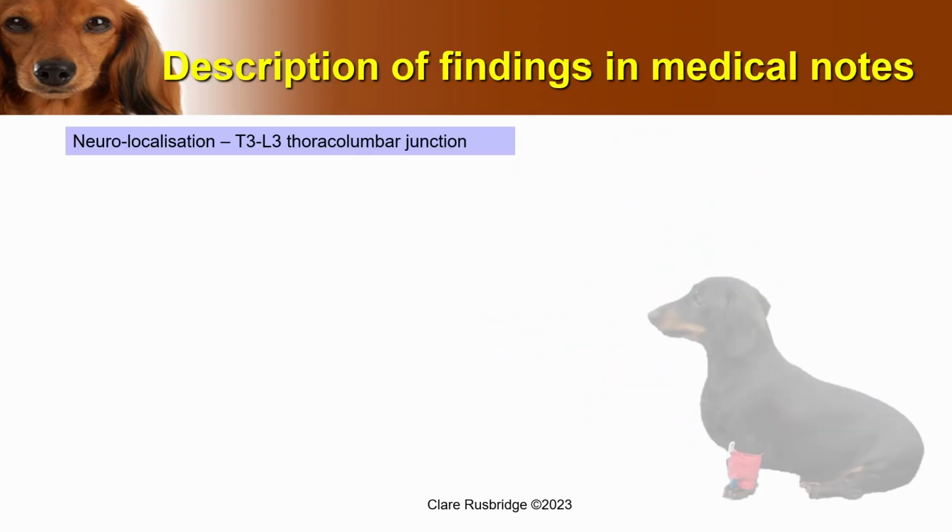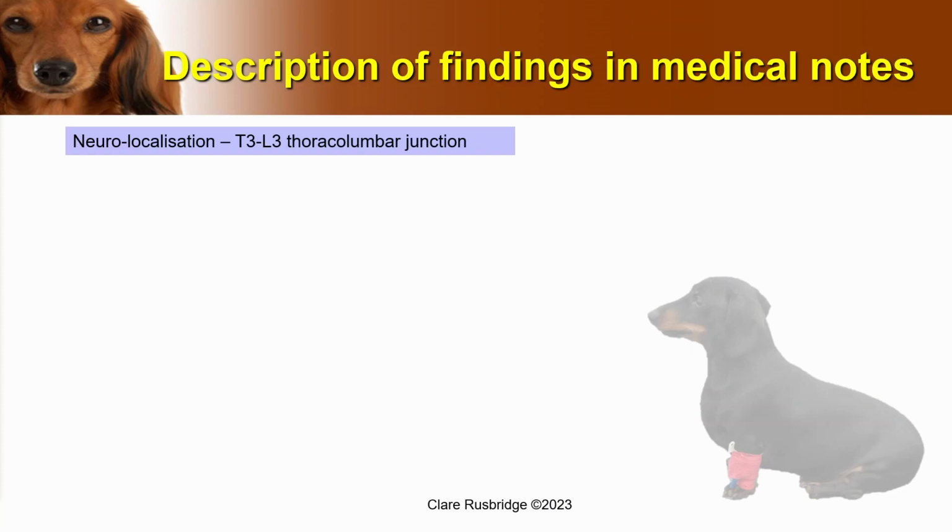So now we want to put it all together and write clear and concise notes for our colleagues so that they have a good understanding of what we found when we localized our injury to the T3 to L3 region and the thoracolumbar junction. I'm going to use the grading system that we saw at the start of this video.